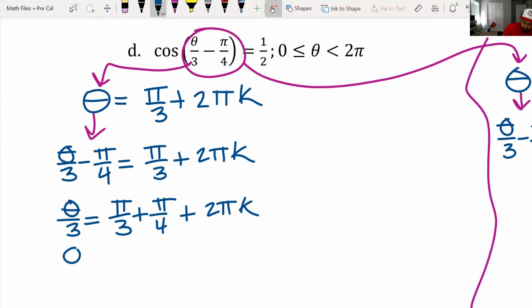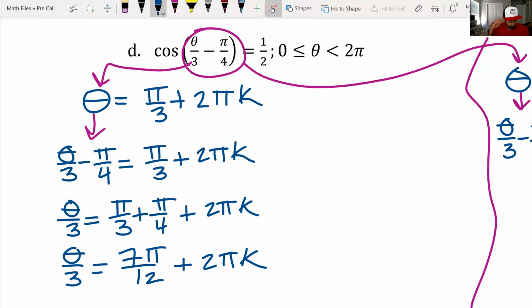And then theta over 3 equals pi over 3 plus pi over 4, or 7 pi over 12 plus 2 pi k. Then, to get rid of that 1/3, multiply both sides by 3.